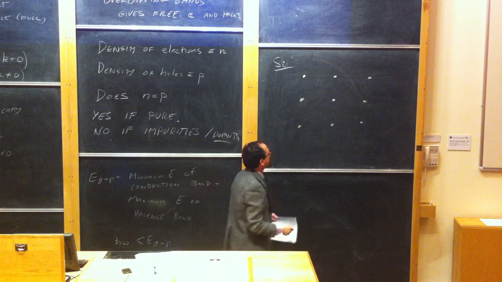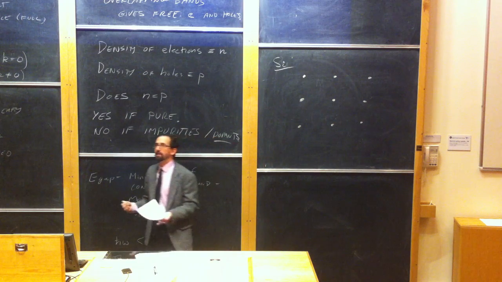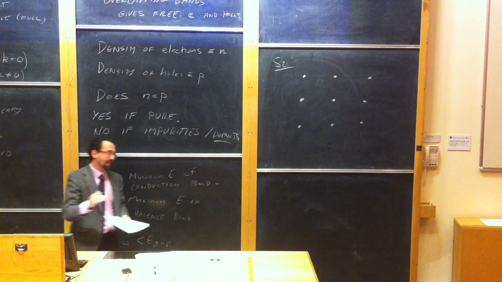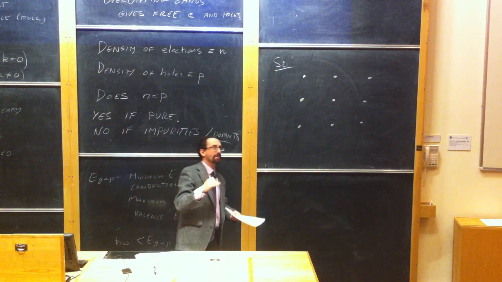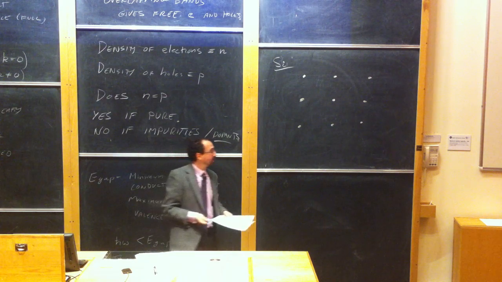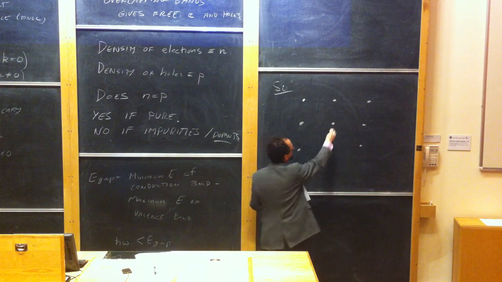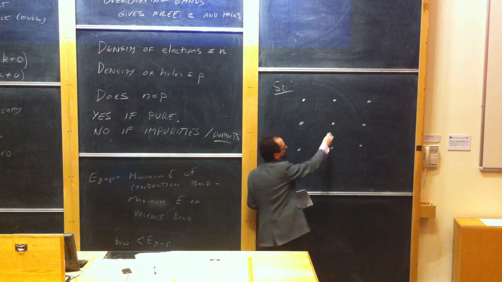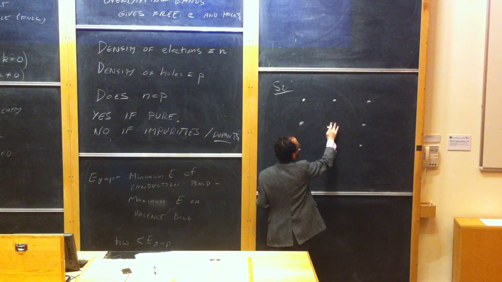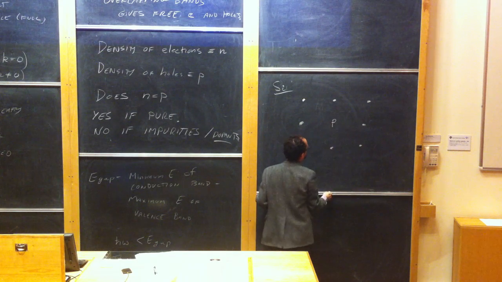So these are all silicon atoms, and silicon is a semiconductor. Pure silicon has a filled valence band, a gap, and then an empty conduction band. Now let's imagine that we take one of these atoms and we replace it with a phosphorus atom.